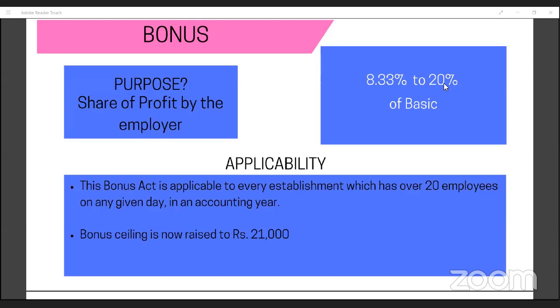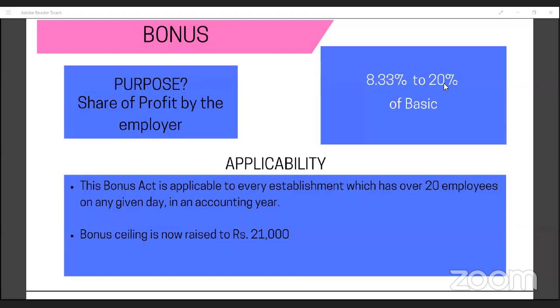And who is eligible for bonus is another question that people have. There are two things actually. One, bonus is applicable to every establishment which has 20 or more employees on a given day. If your company has 20 or more employees, then you have to give bonus. And the second condition is that bonus is mandatory for people earning up to 21,000 gross salary per month.